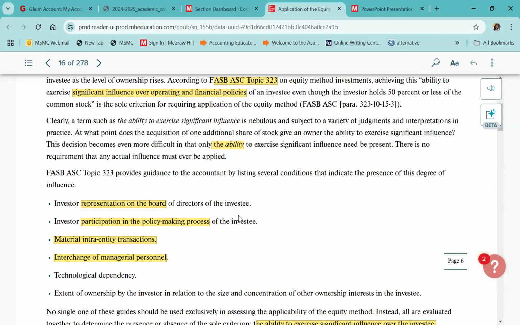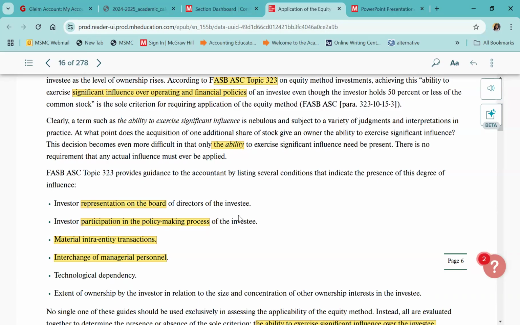If the investor can participate in the policy-making process of the investee, it means the investor has the ability to exercise influence. So in the absence of the 20-50 ratio, any of these indicators means the investor has the ability to exercise significant influence.